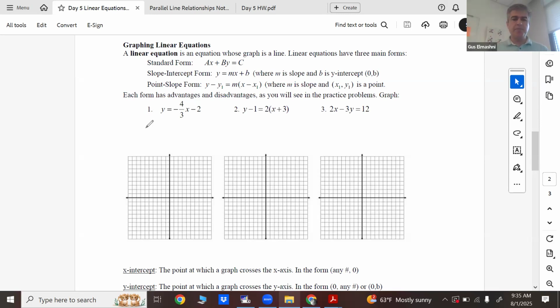So I'm gonna kind of do some labeling here before we do the graphs. Okay, before I do 3.